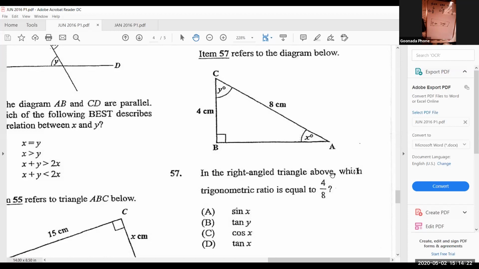In the right angle triangle above, which trigonometric ratio is equal to 4 over 8? Correct, A, because it's sine. The sine ratio is the opposite, which is 4, over the hypotenuse, which is 8. The only one that will give you that is sine. So it's A.